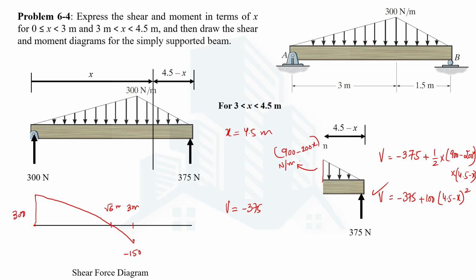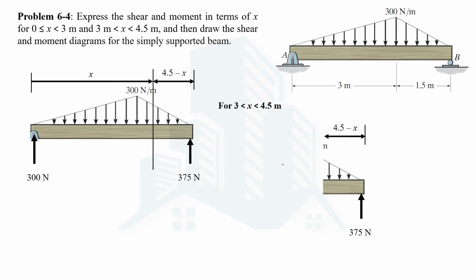This term will be 0 because 4.5 and 4.5 will become 0, and as a result this term will be 0. So we are only left with 375. So at 4.5 distance, we have a magnitude of shear force as 375. So this is the shear force diagram for this simply supported beam applied with the two triangular forces.